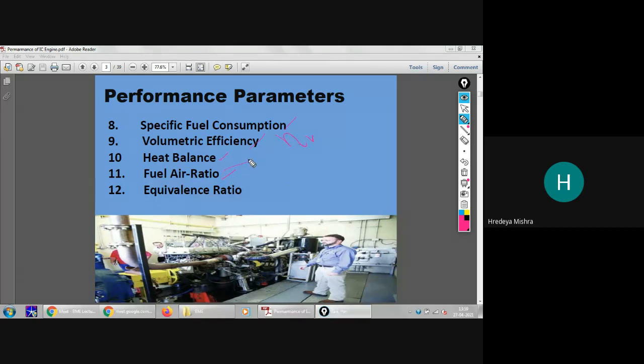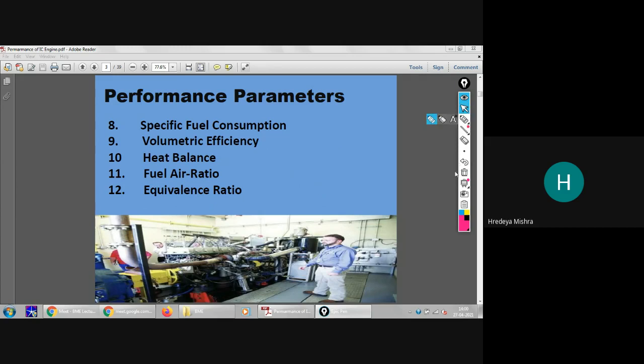Air fuel ratio is only for the SI engine, because in the CI engine only air enters through the inlet valve. SI engine means petrol engine and CI engine means diesel engine. Okay, so equivalence ratio. So these are the performance parameters.